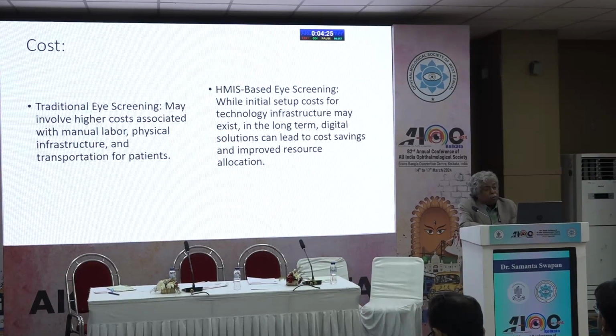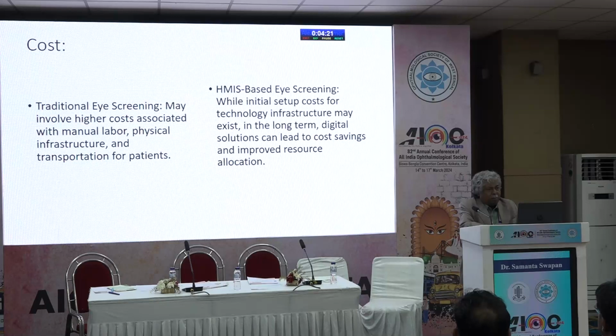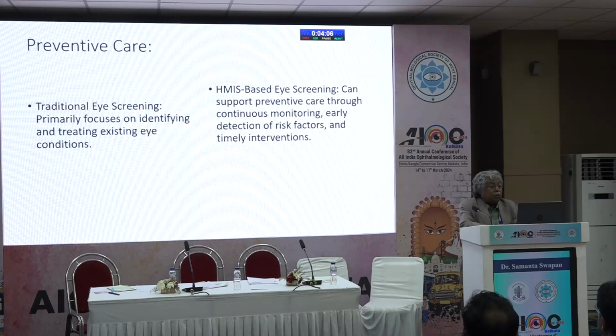This door-to-door data collection was very expensive, and it was not feasible in those days. But nowadays, the initial setup cost, the startup, is a bit costly, but afterwards it is very manageable. That can give rise to cost saving and improved resource allocation. And above all, it gives preventive care.